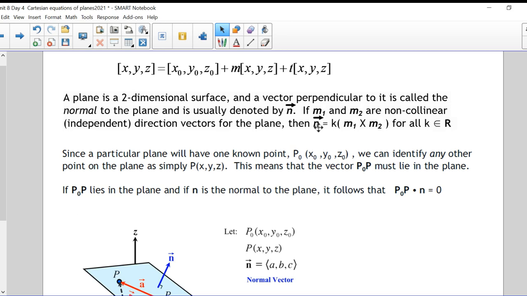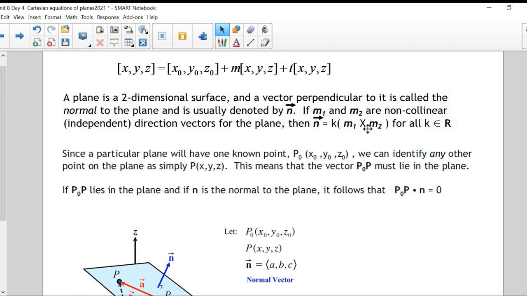We know that the cross product between two direction vectors gives us a vector which is mutually perpendicular to them, right? So that's what this normal vector represents. And if we take that cross product and scale it up by any value of k, it doesn't matter. The fact is that it will be a vector which is at right angles to the existing vectors.